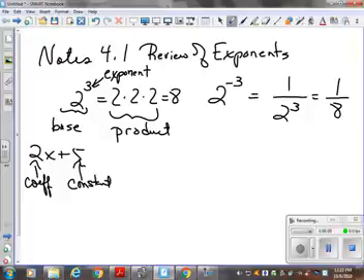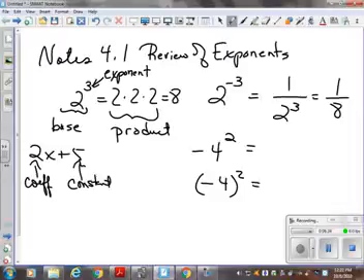Another thing you have to know is, what does it mean to have a negative in front of a power problem? And how is that different from having the negative inside of the power problem?